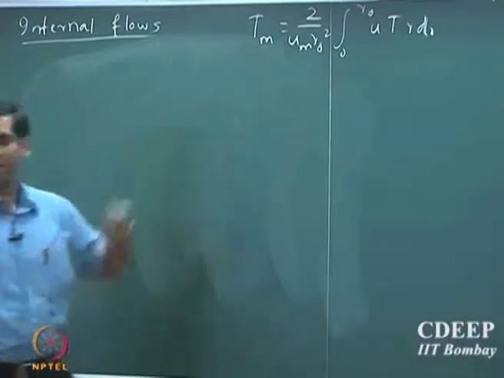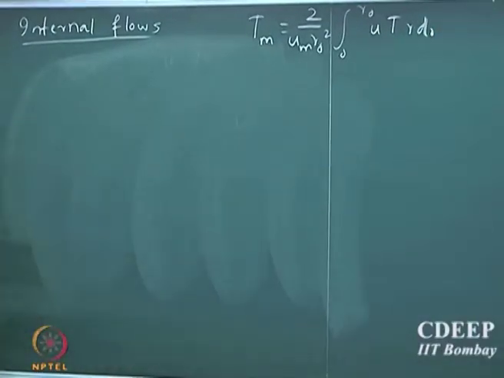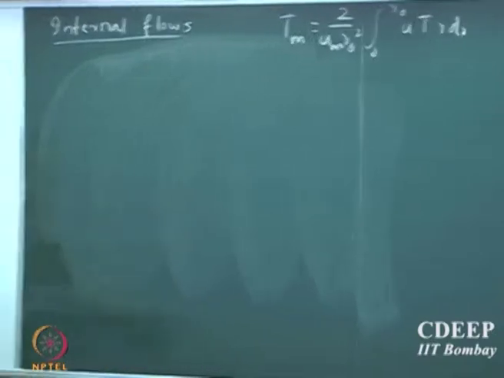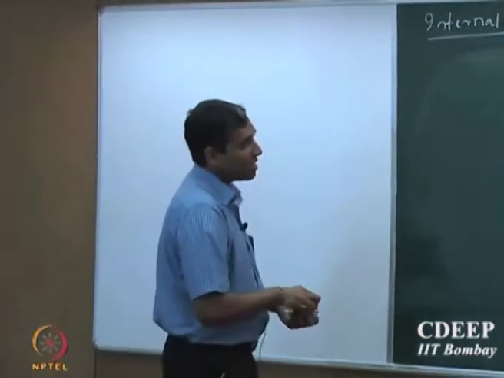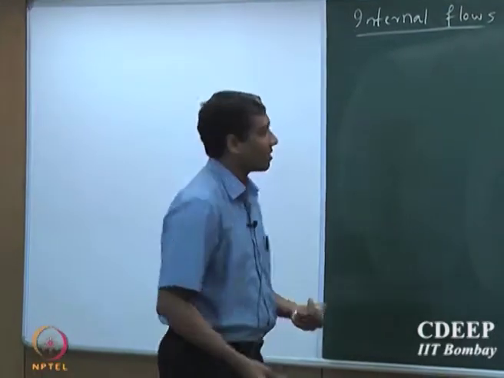So the objective is I want to find the mean temperature. Remember I told you that the mean temperature or the average temperature and the local temperature, there is some similarity between them, and therefore we can actually see that the temperature profiles are similar. So we are going to see that in a little bit more rigorous way as to how it is similar.